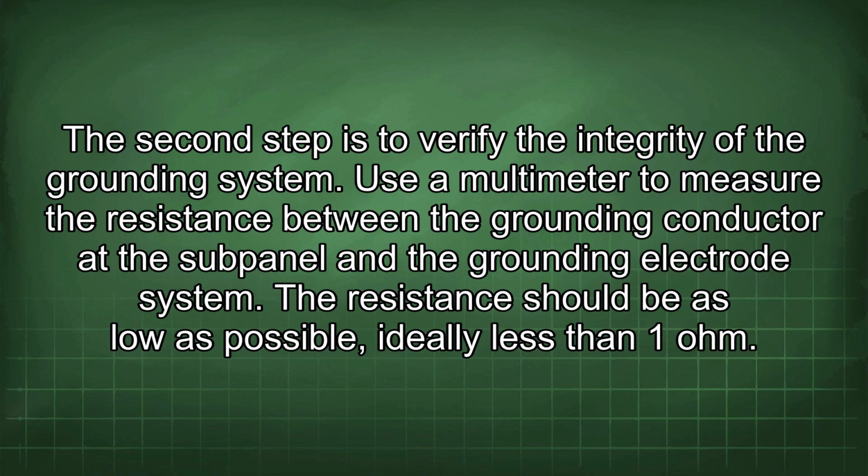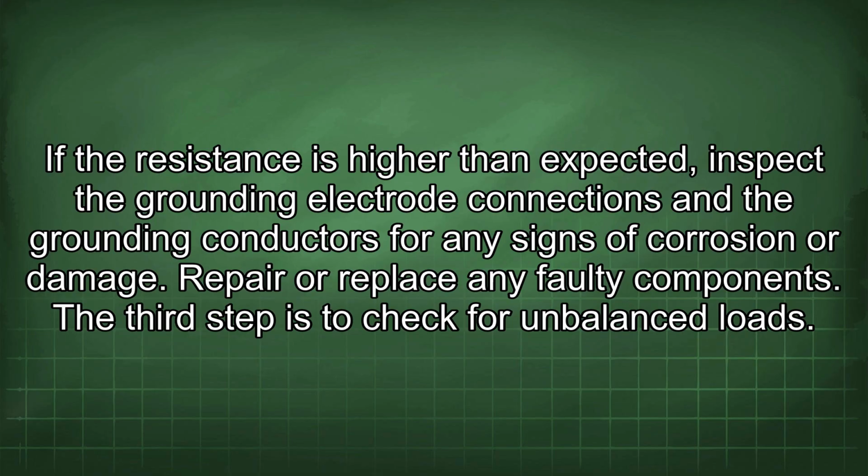Use a multimeter to measure the resistance between the grounding conductor at the subpanel and the grounding electrode system. The resistance should be as low as possible, ideally less than 1 ohm. If the resistance is higher than expected, inspect the grounding electrode connections and the grounding conductors for any signs of corrosion or damage. Repair or replace any faulty components.